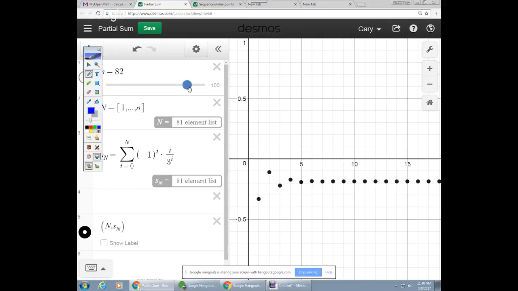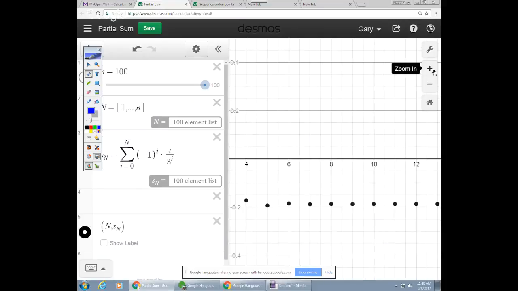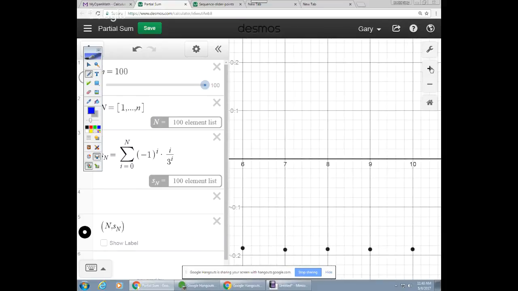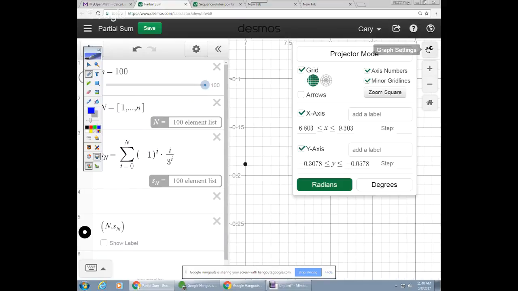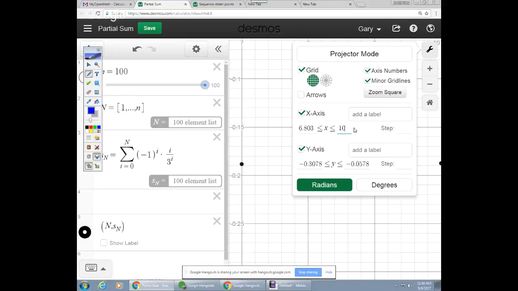So it's flatlining there. So let's zoom in on that. That's 0.5, so that's 0.1, that's 0.2. One more time, and then we'll adjust the x-axis. We want to go out to 100.